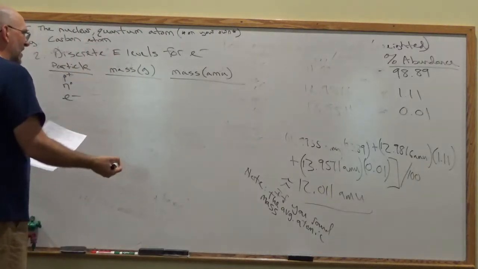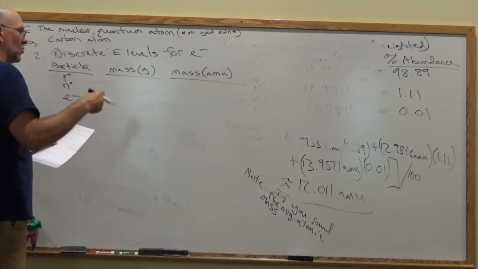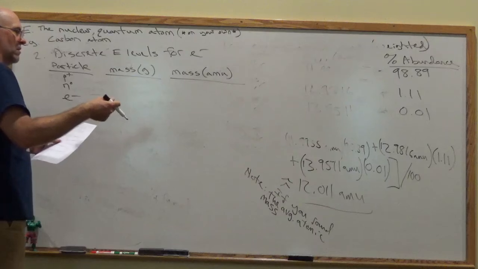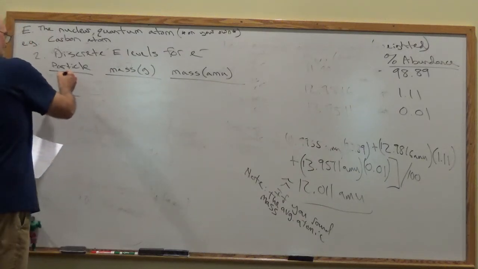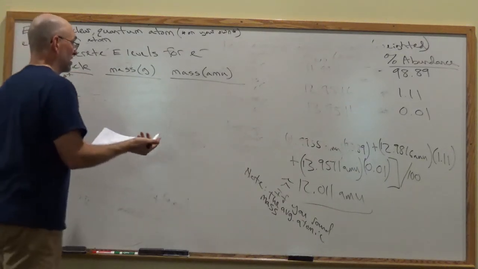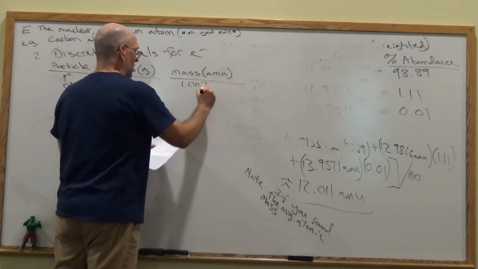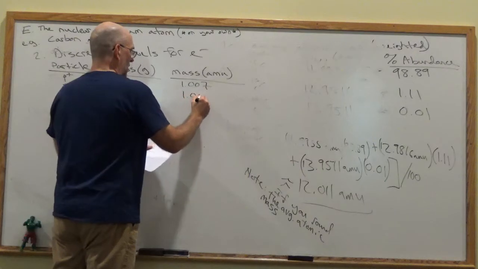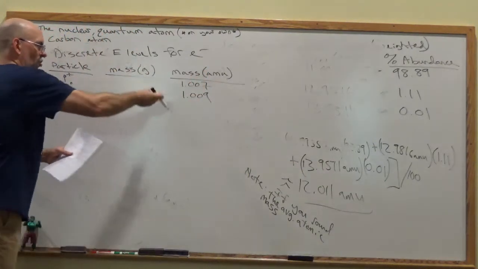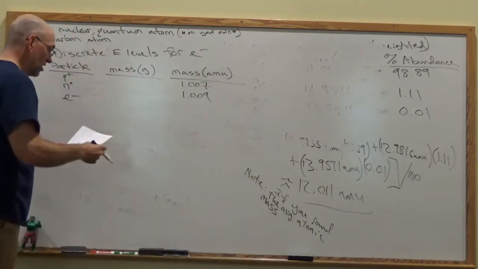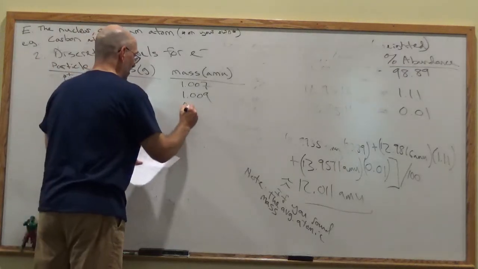And we define an AMU to be 1/12 the mass of carbon-12. So it's not surprising that the mass of a proton or a neutron is basically 1 AMU, and there's only a tiny difference. These are easier to interpret. It's almost 1. An electron is a lot less than that.